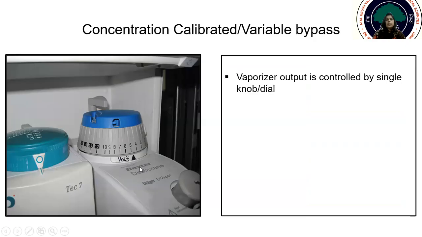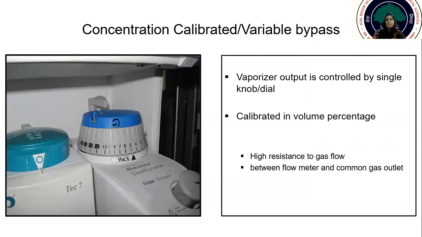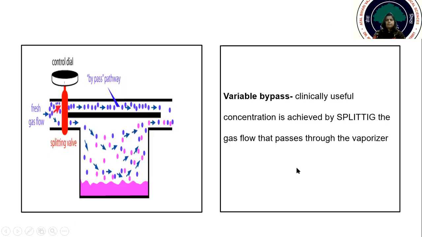So the concentration calibrated vaporizer, the vaporizer output is controlled by a single knob or a dial, and they are calibrated in volume percentage. These vaporizers, since they offer high resistance to the gas flow and are usually plenum type of vaporizer, they are placed between flow meter and common gas outlet, that is outside the circuit.